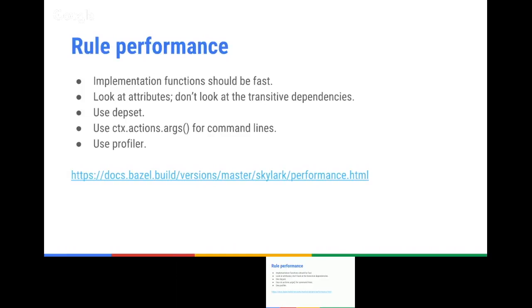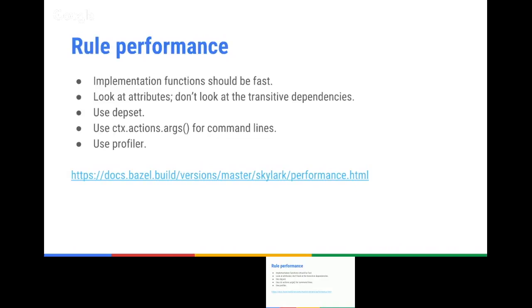And to keep the implementation function fast, the function can look at the list of attributes and see what are the list of sources or what are the dependencies, because that's the direct inputs. But it should not look at the indirect or transitive inputs.